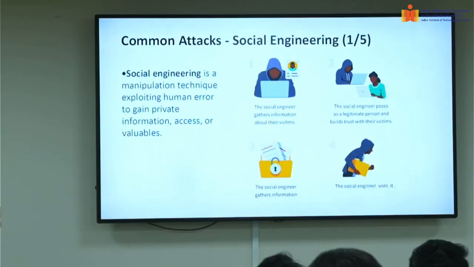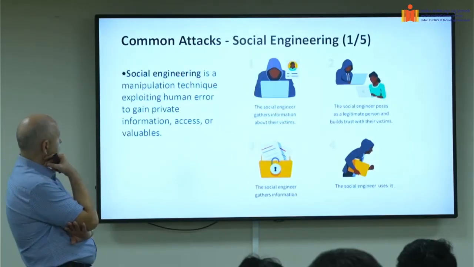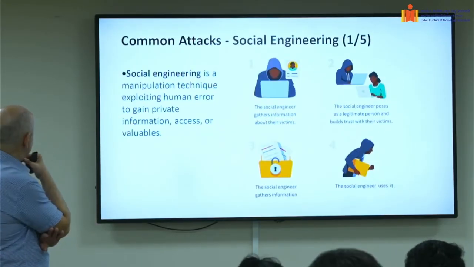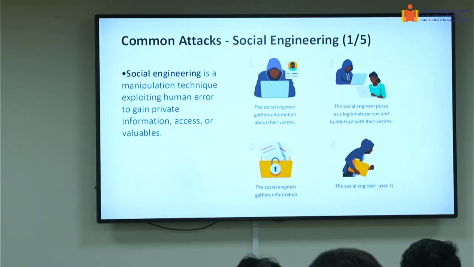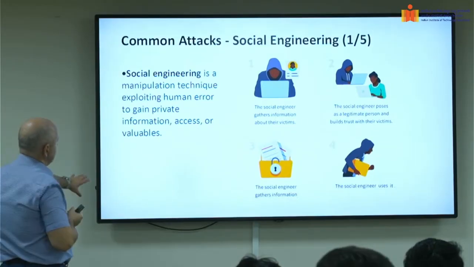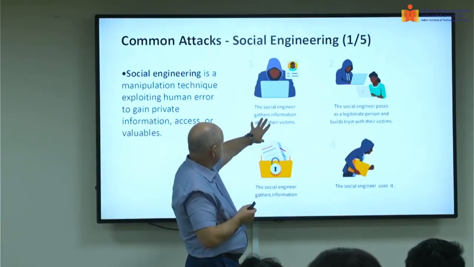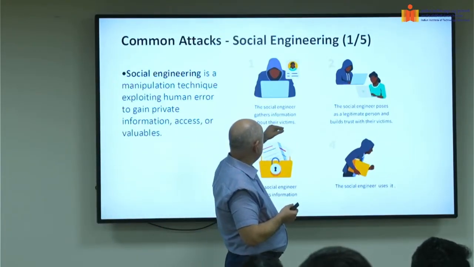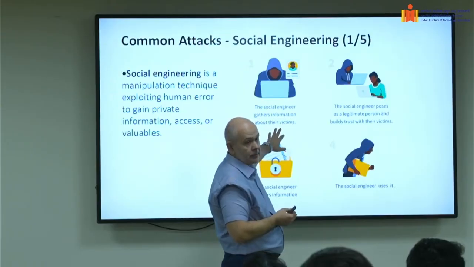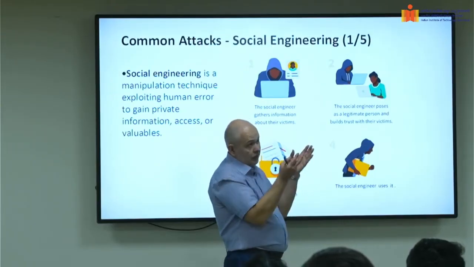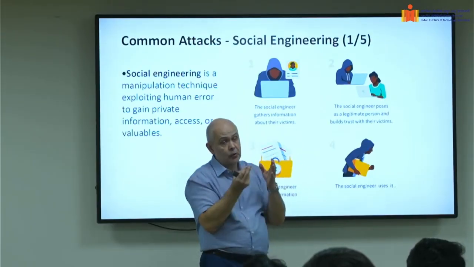Okay, the next kind of attack is social engineering. It is a manipulation technique exploiting human error to gain private information, access, or valuables. For example, first the social engineer gathers information about victims, maybe by analyzing social networks.